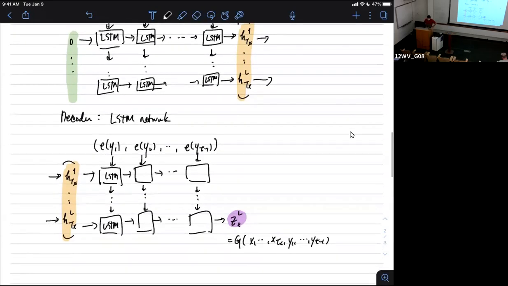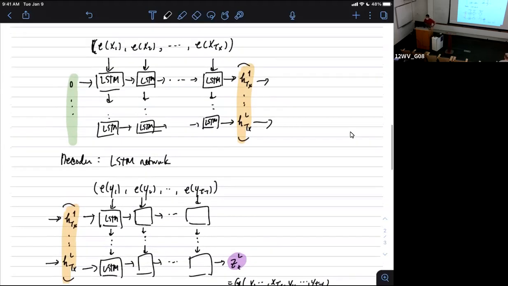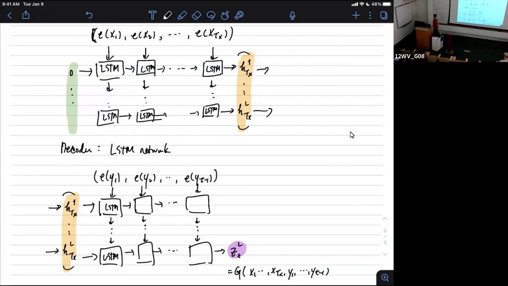Now this one actually worked pretty well, but this one had one particular disadvantage, which is that the encoder had a pretty huge burden of having to compress the content of the entire source sentence into a fixed size vector. So however many layers you have, however wide each of the layers is, still fixed size.